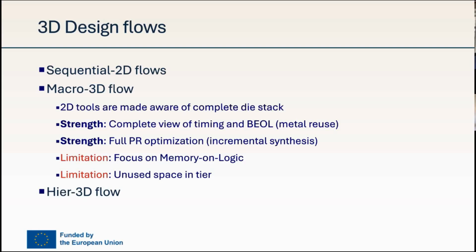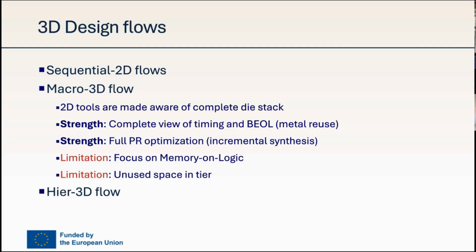However, we have two important limitations. First, this approach is limited to cases where we have large IPs, like when we are working with memory and logic. And also, if the two tiers are not perfectly 50%, it is very common that some area in some of the tiers will be wasted.